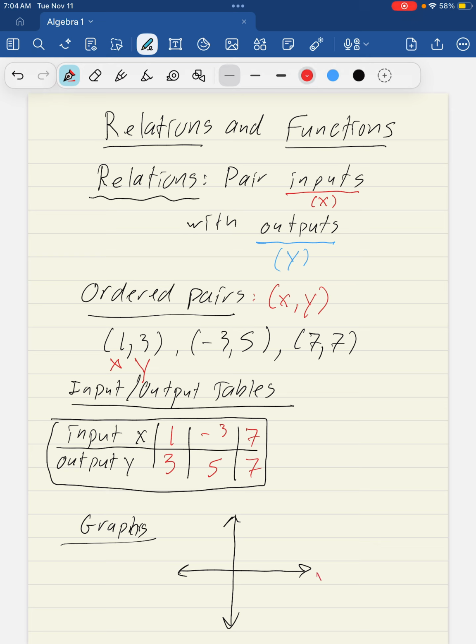It's important to remember that x is the horizontal axis, going left to right, and y is the vertical axis, going up and down. And you've got something like this, that's negative 2, negative 3. You're going to see a ton of graphs in algebra, and in every math you do beyond algebra, you will usually see a fair amount of graphing.